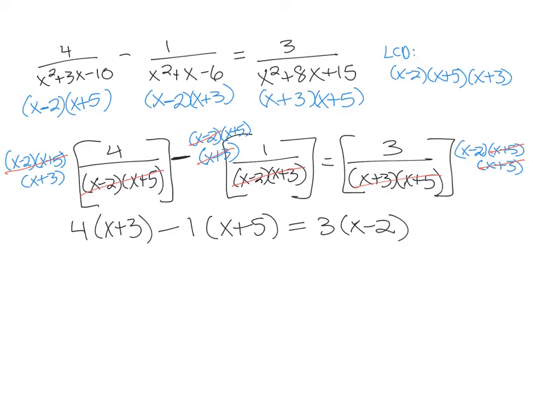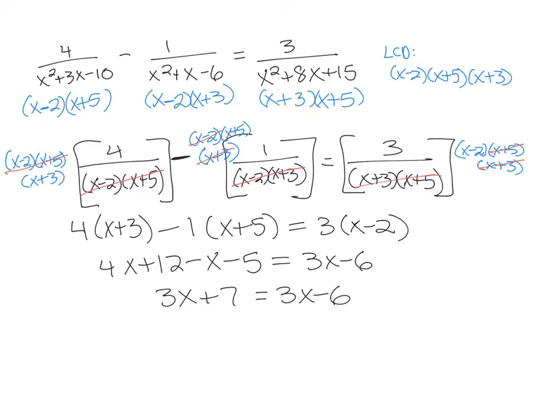So all of that writing and all of that work is actually something very simple. It's your numerator that you started with times the missing piece from the denominator. Everything else gets canceled away. So now I have 4x plus 12. Distribute the minus all the way through. Distribute your 3. On the left-hand side, combining like terms, I have 3x and 7.